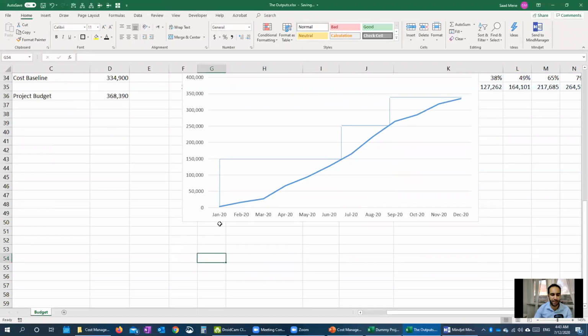So what does that mean? That means in January, I asked the management for 100. So this is the funding requirement. I asked the management for 150,000.